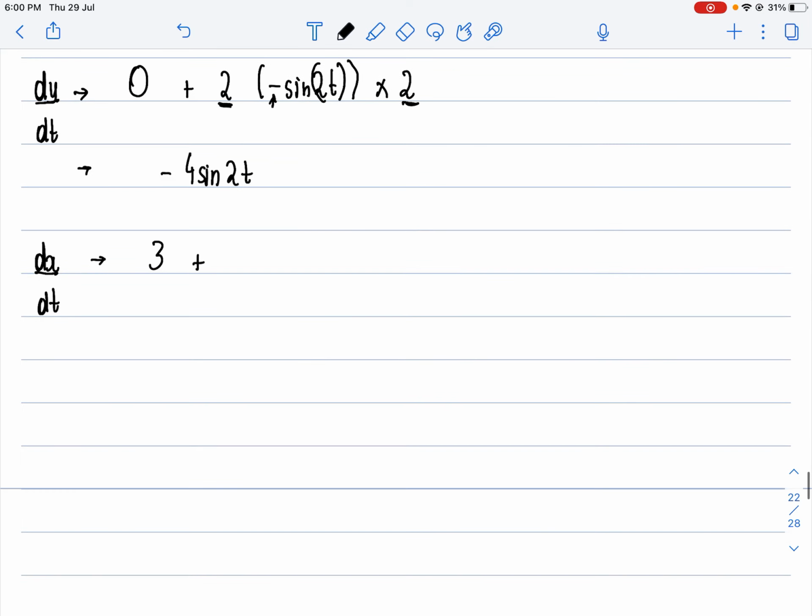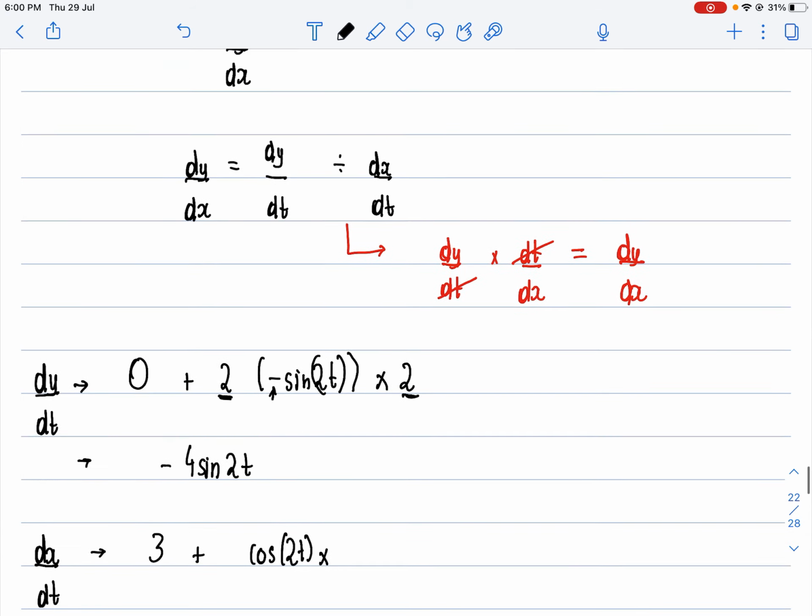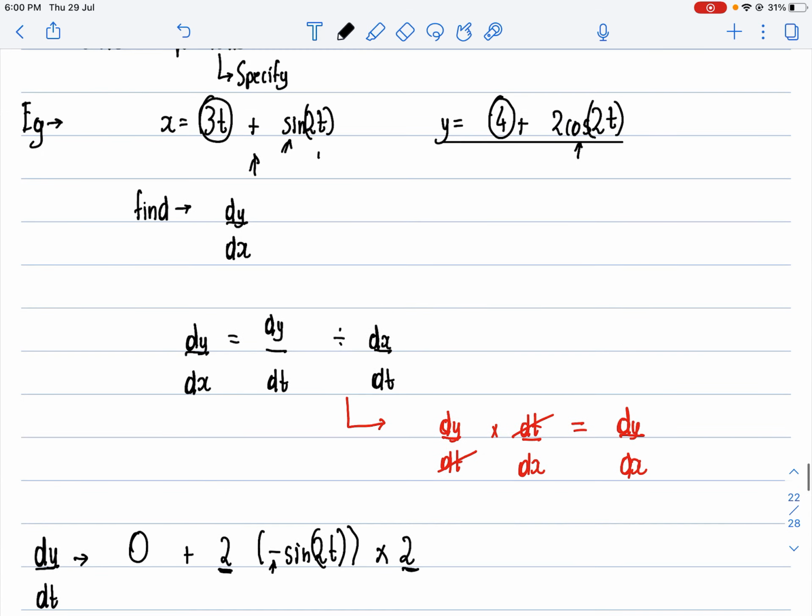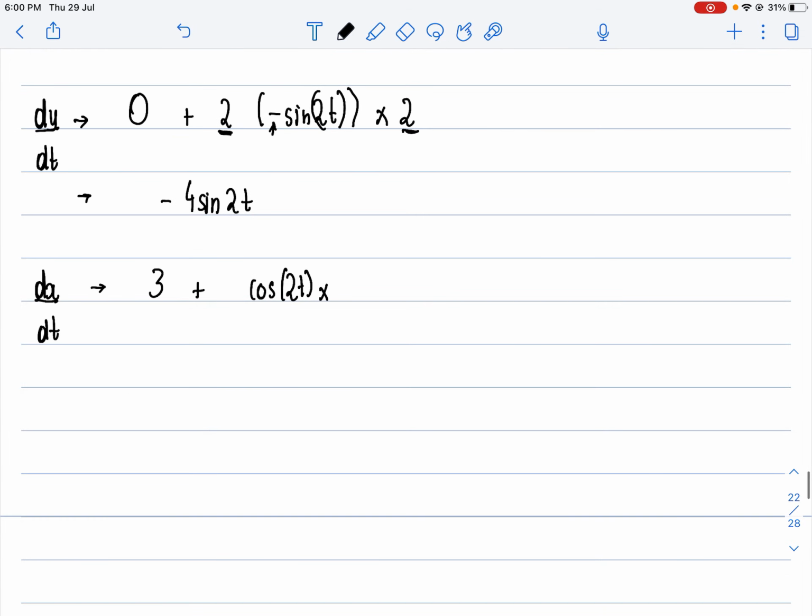So I write cos 2t, but because of the chain rule, this is multiplied by the differentiation of 2t, which is 2. So I can write this as 3 plus 2 cos 2t.